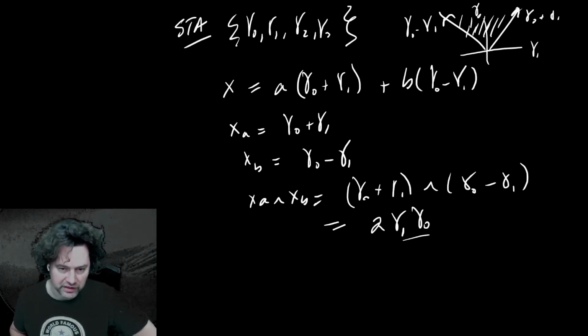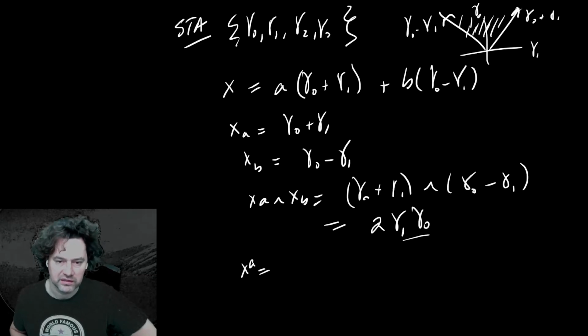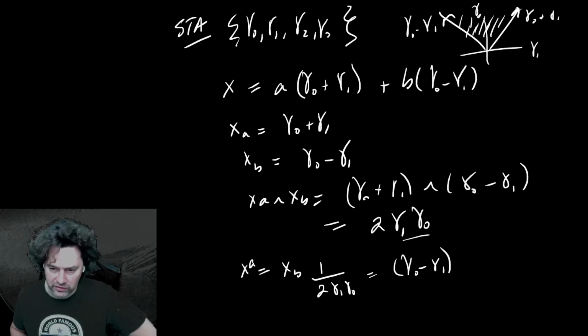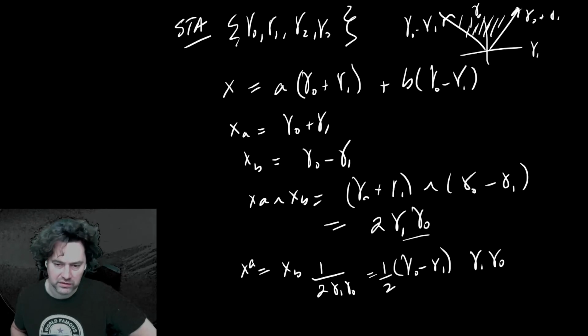So if we invert that, we have x upper A is x lower B times 1 over 2 gamma 1 gamma naught. So that xb is gamma naught minus gamma 1, and we have 1/2 gamma 1 gamma naught over gamma 1 gamma naught squared, which is 1.